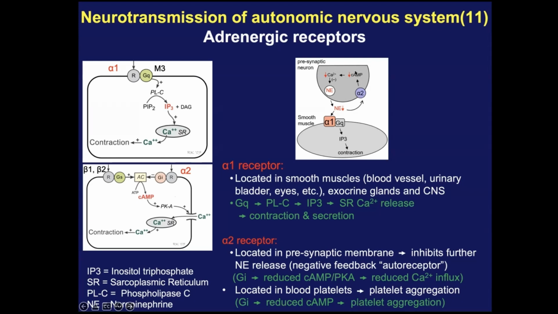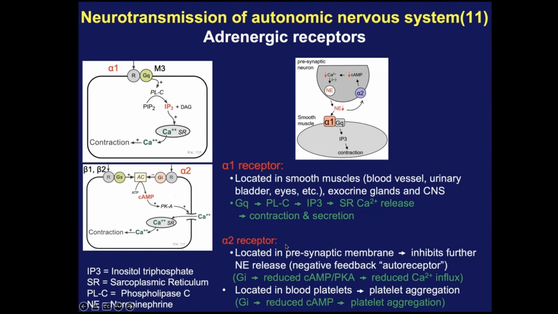This will reduce the cAMP, reduce the calcium level. This will inhibit further release of the NE to the cleft. So it's like a negative feedback mechanism. These receptors are often called autoreceptors.